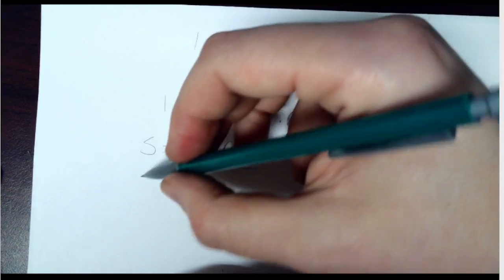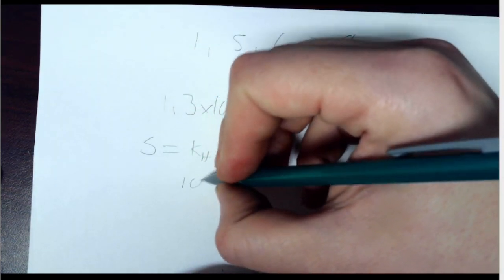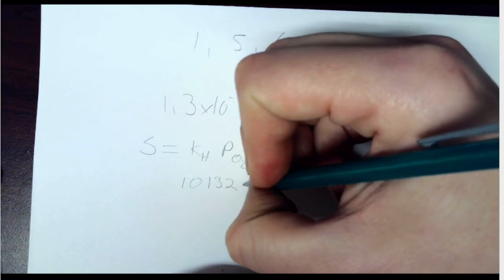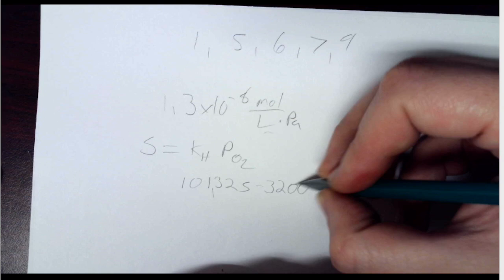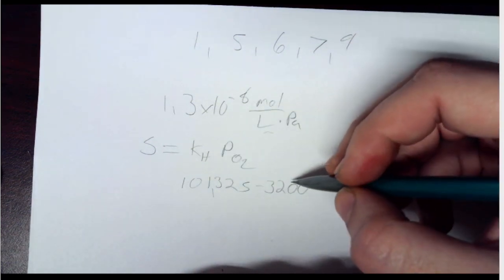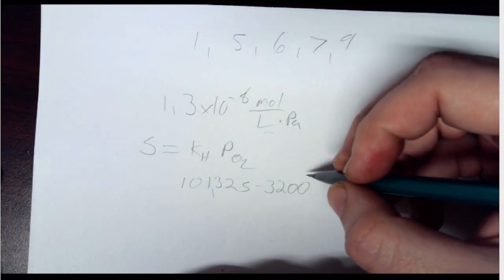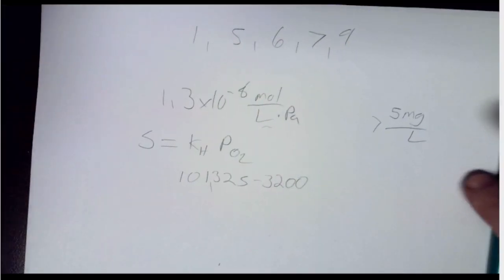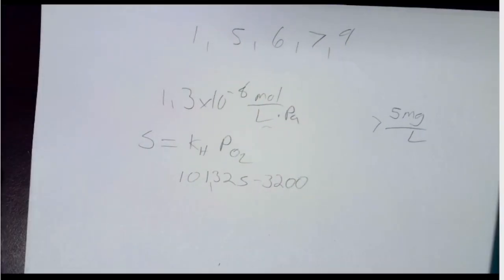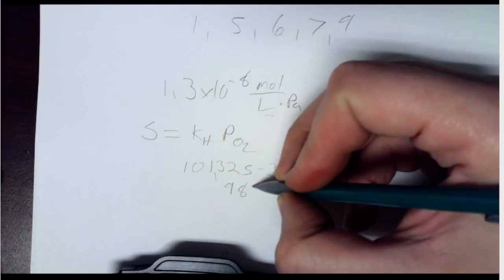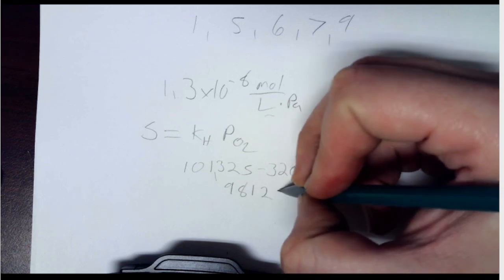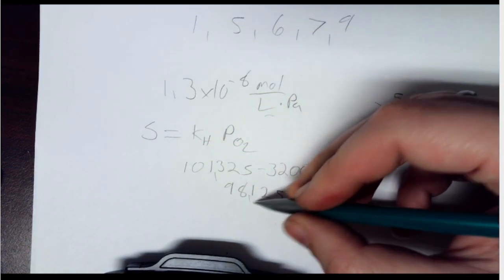at 25 degrees, the pressure of the air is 101,325 pascals. However, at 25 degrees, the vapor pressure of water accounts for about 3,200. So after you subtract that out, the pressure of the atmosphere is 98,125 pascals.